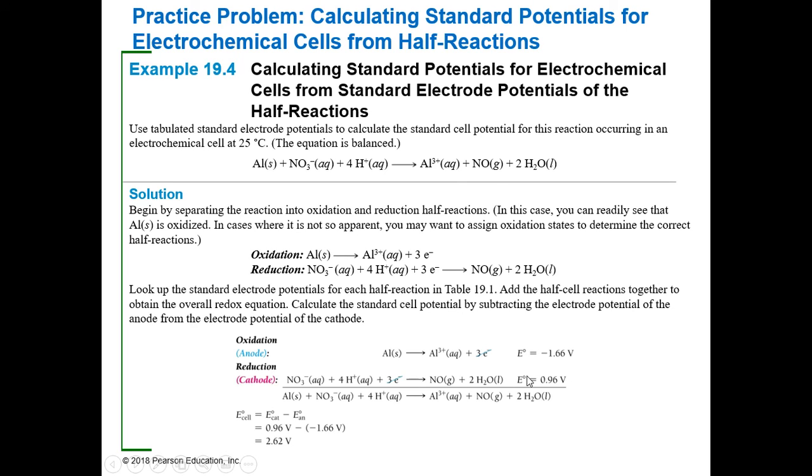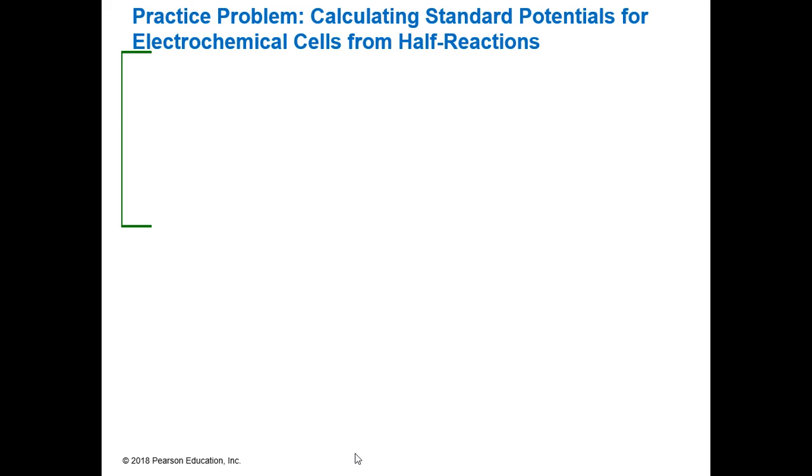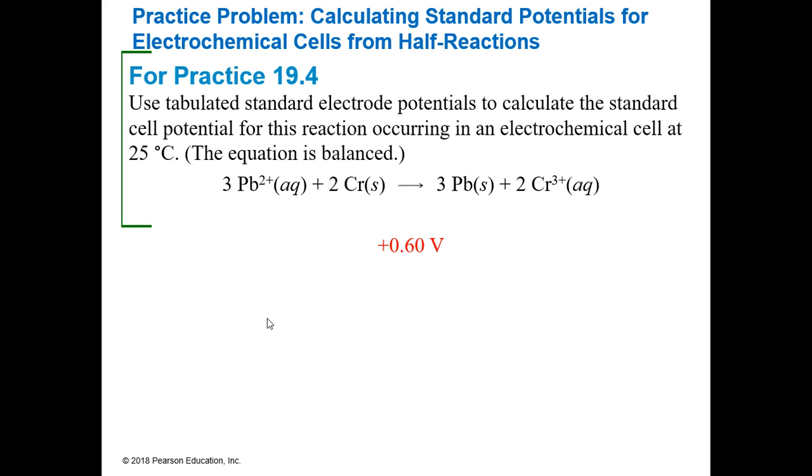So what is the overall cell potential? It is going to be the cathode minus the anode. So we get a positive 2.62 volts is the solution. So go ahead and try this one. Pause this video, try it, double check, make sure you got the right answer.